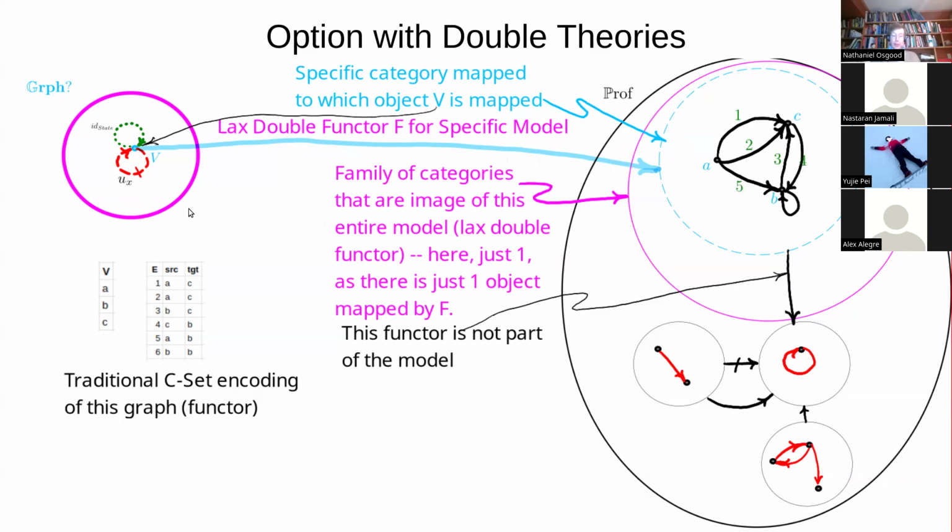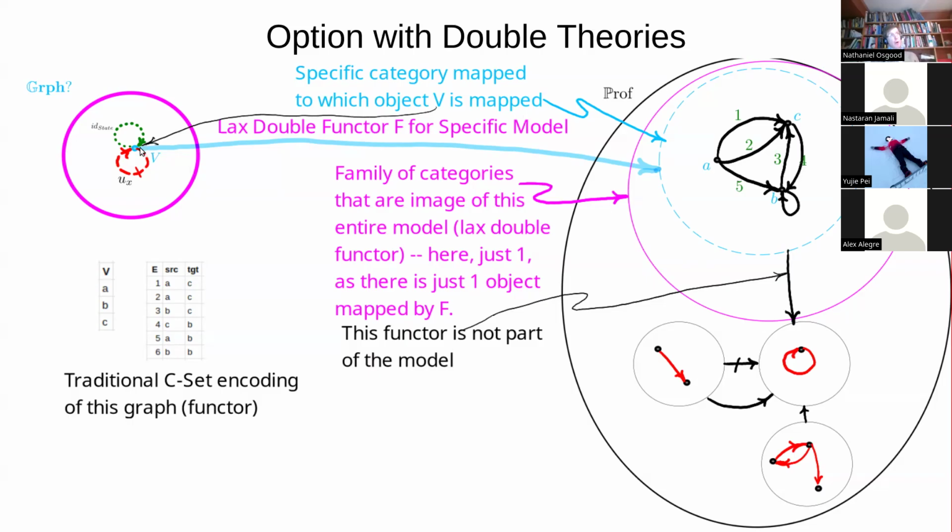And what we saw last time was that pro arrows here, in the context of these double theories, these horizontal morphisms, loose morphisms, turn into profunctors between categories associated with the respective objects.